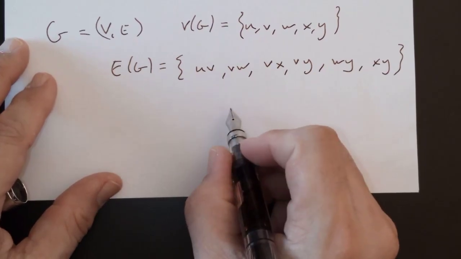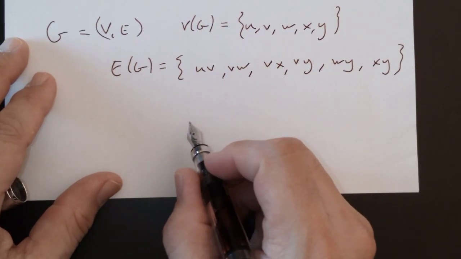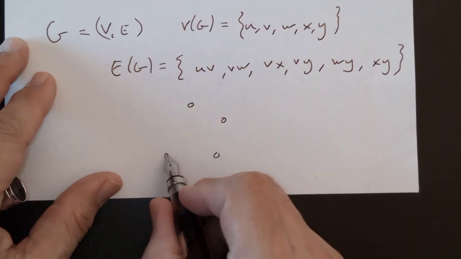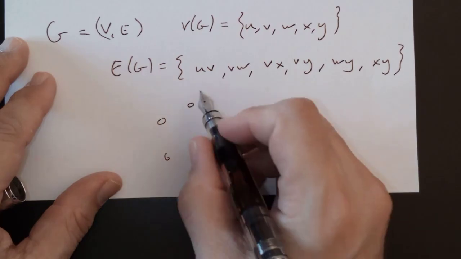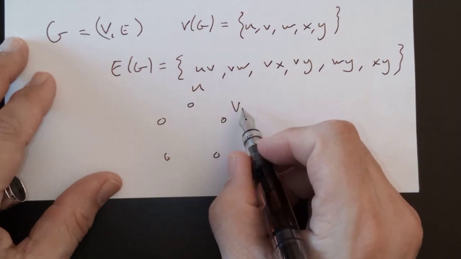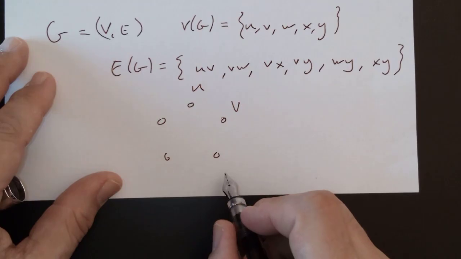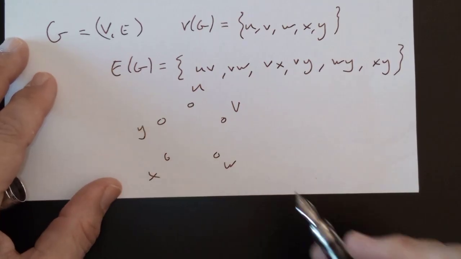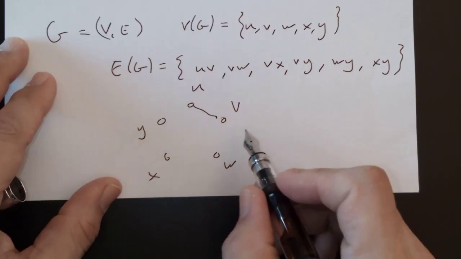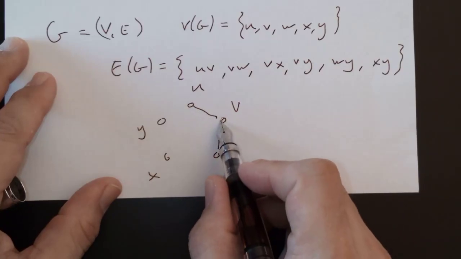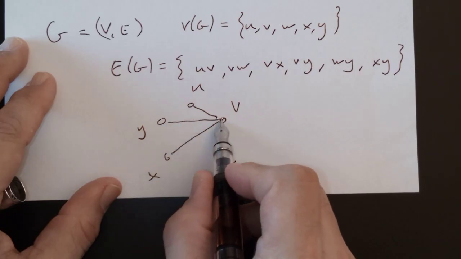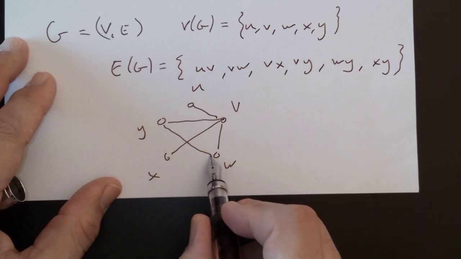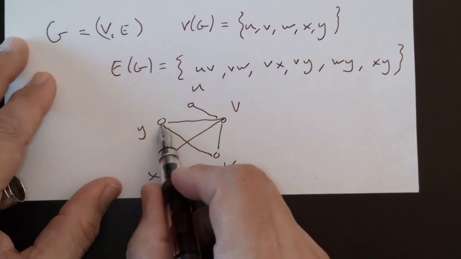So there's one at the top, or where'd you start? Like that? So I got U, V all the way around? And then I can just draw the edges in, right? So UV, VW, VX, VY, WY, and XY.